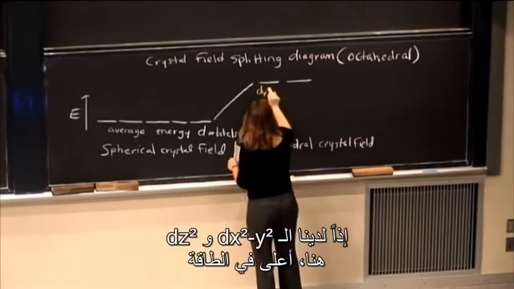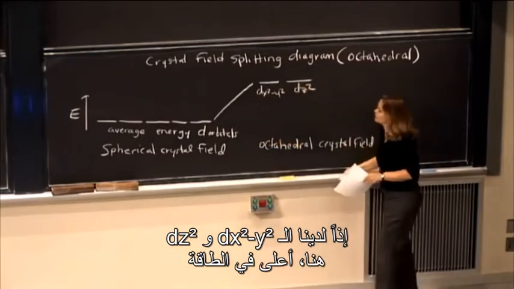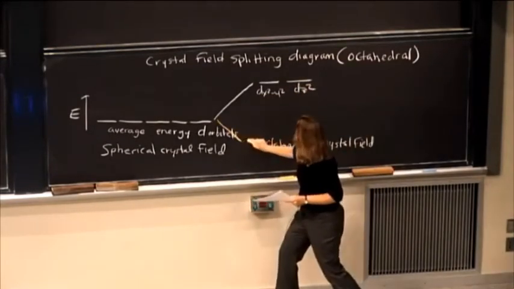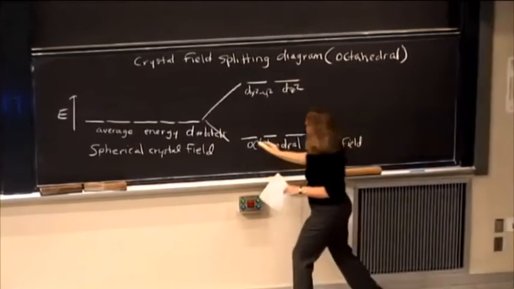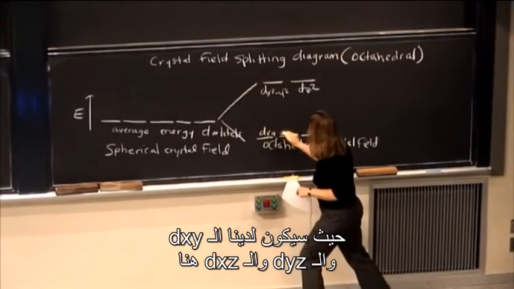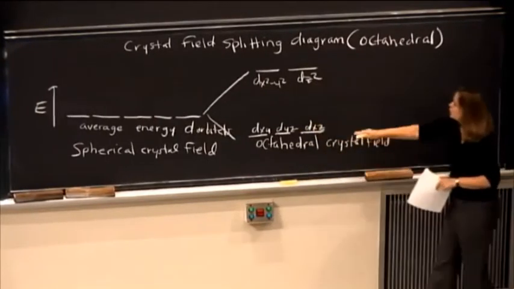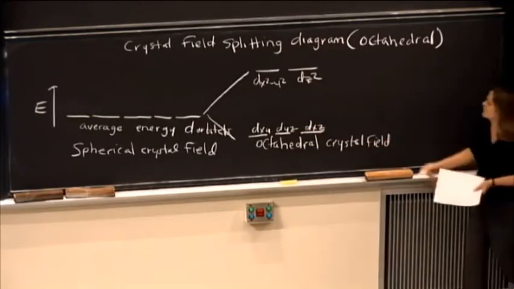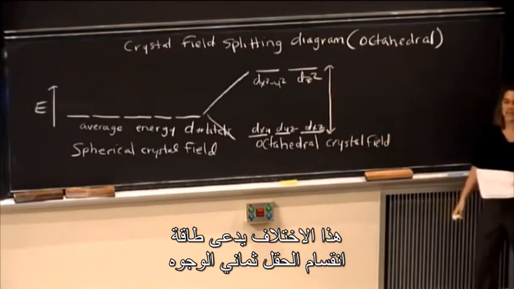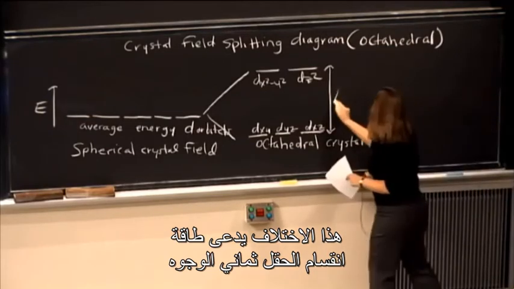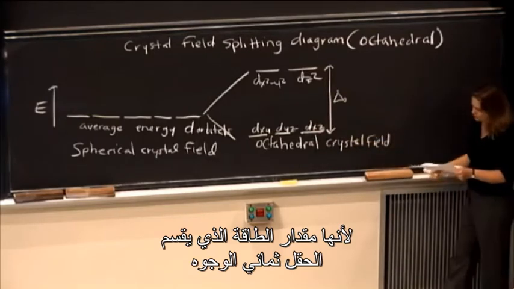So we have the dx squared minus y squared and dz squared over here, which are going to be higher in energy. And we're going to have 3 that are lower in energy. So we'll have our dxy, our dyz, and our dxz over here, which will be lower in energy. This difference is called the octahedral field splitting energy, because it's the amount of energy that the octahedral field is split.